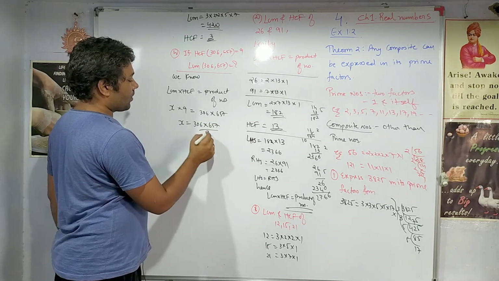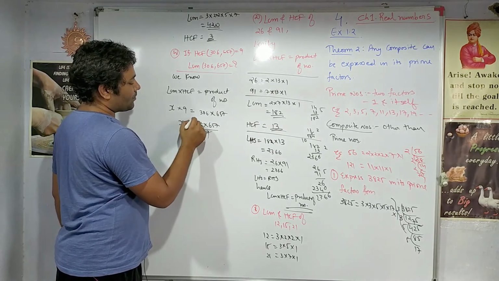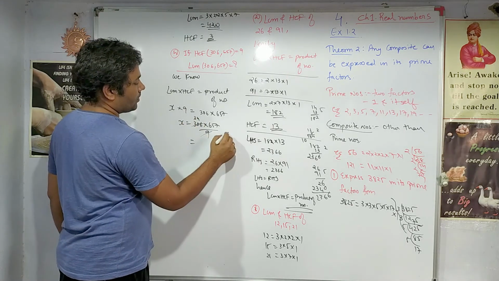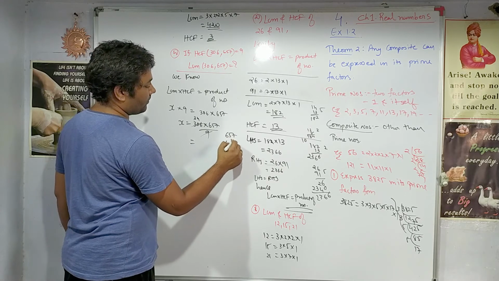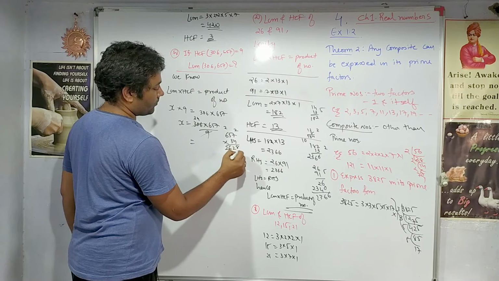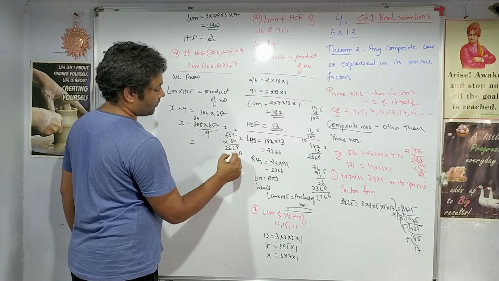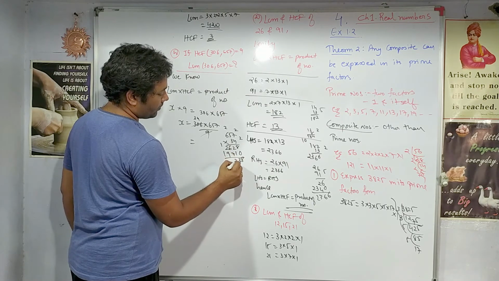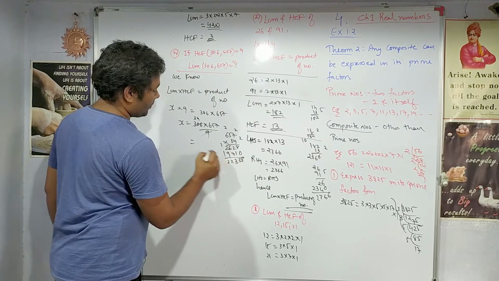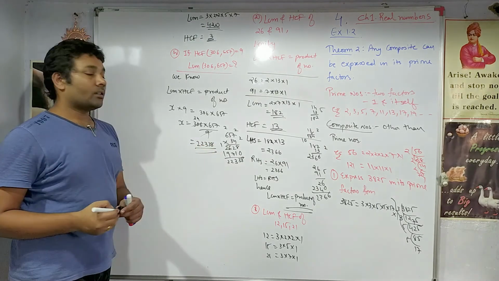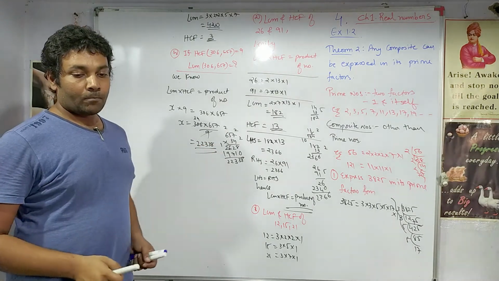If we solve this, 9 goes into 306 34 times, so 657 into 34, which gives 22338. This is what the required LCM is, right?